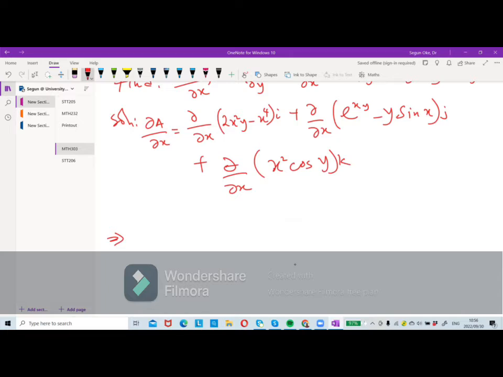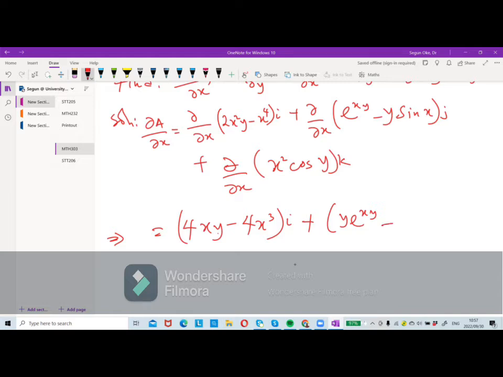Okay, let's continue. If you differentiate this one, what do you have? The first i. We are going to have 4xy minus 4x raised to power 3. This is i. Plus y exponential xy.